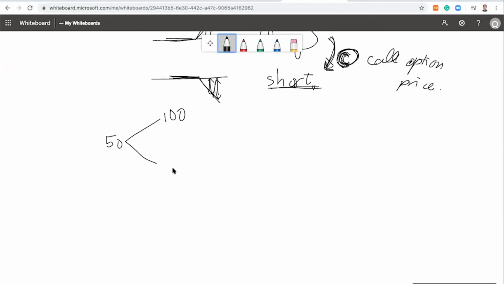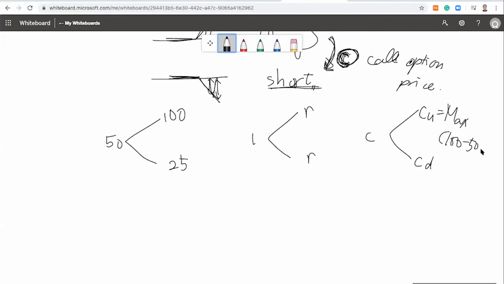But actually, this one says it's 100 minus 50. So it looks like K is same as 50, but not necessarily.